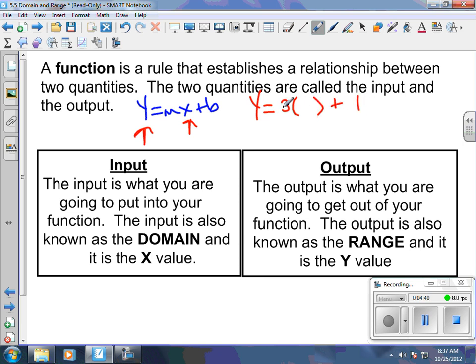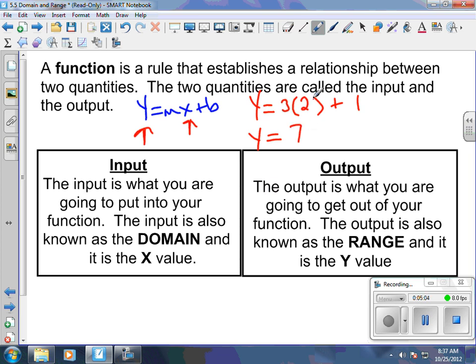So my slope is 3, my y-intercept is 1, and then along that line, I pick out any x value, it'll tell me my y value. Or, if I just want to see where this line goes, I just make up an x value. 2. So y equals 6 plus 1 is 7.